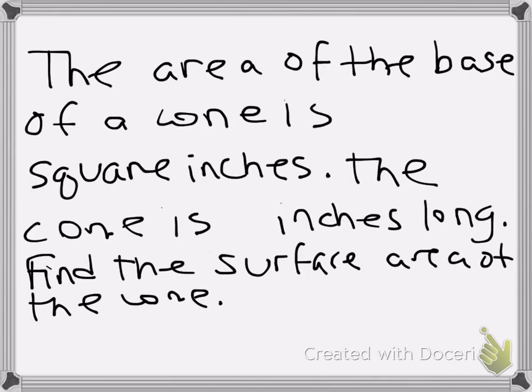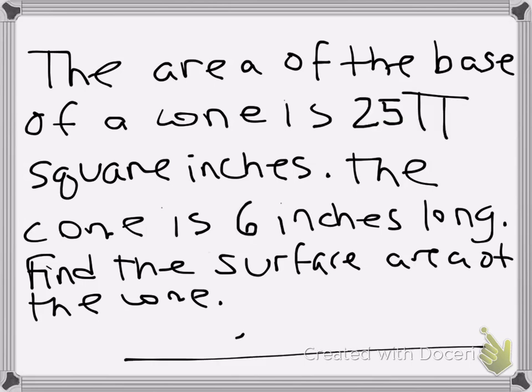The next one, here we're trying to find the surface area of a cone, and it gives us certain parts of the formula, so we're going to fill that in to our formula in order to find the surface area of the cone.